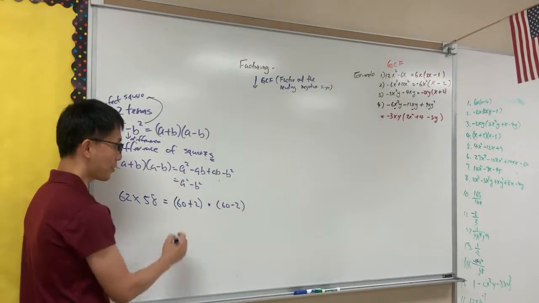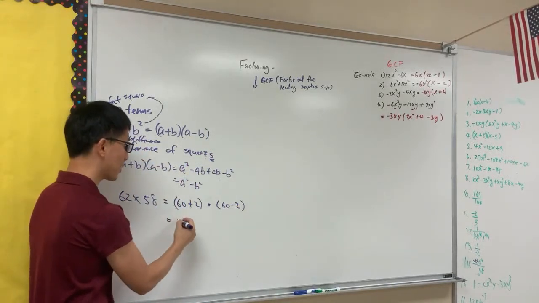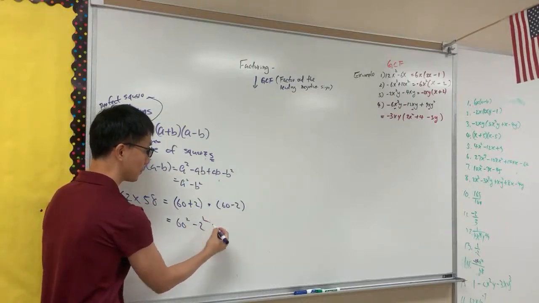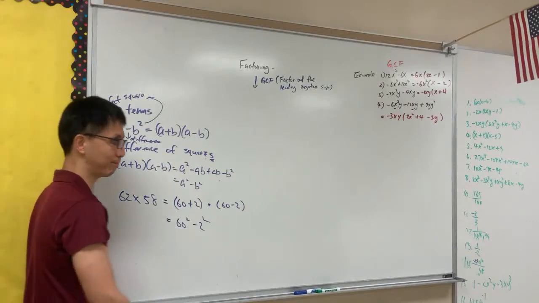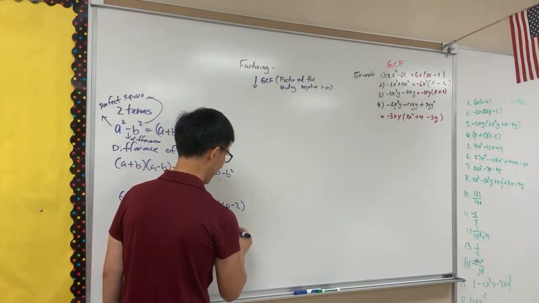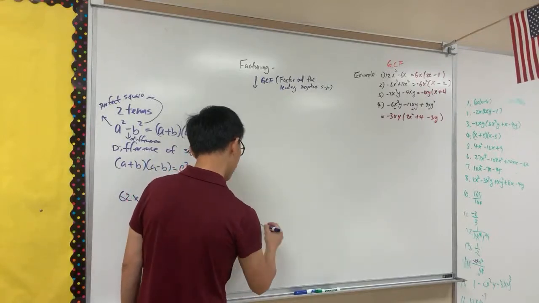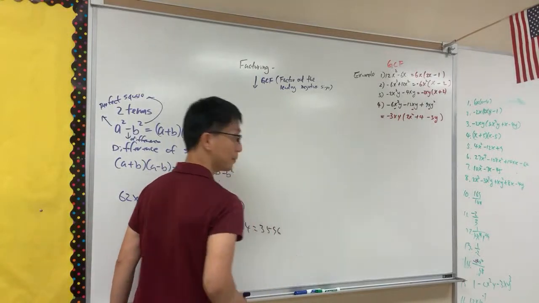So what do you think the answer is? It's equal to 60 squared minus 2 squared. What is 60 squared? 3600. So the answer is 3596.